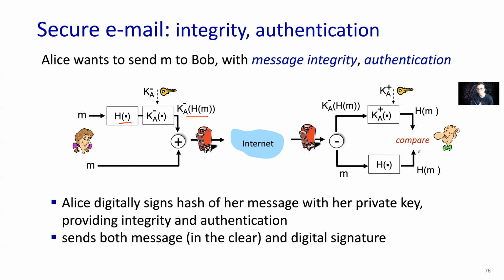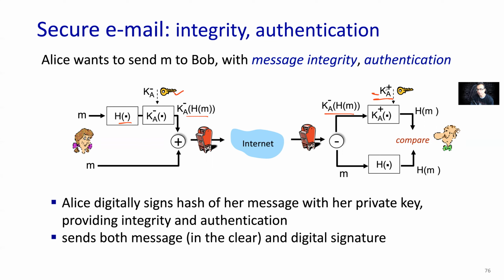When Bob receives this, Bob would take the digital signature and apply Alice's public key. The assumption here is Bob can verify that this is indeed Alice's public key. So what's not shown here is the certification process, right? The assumption is this has been certified.